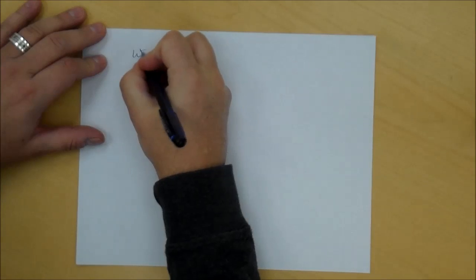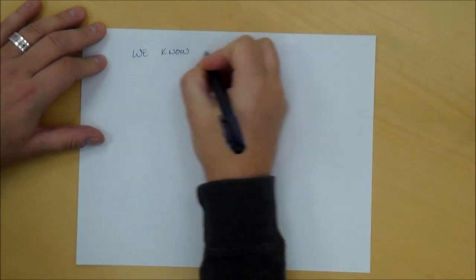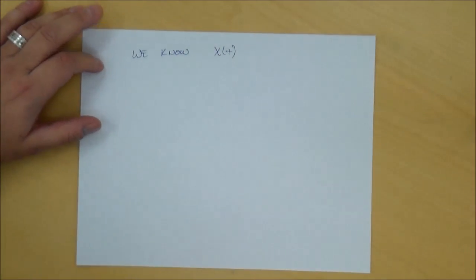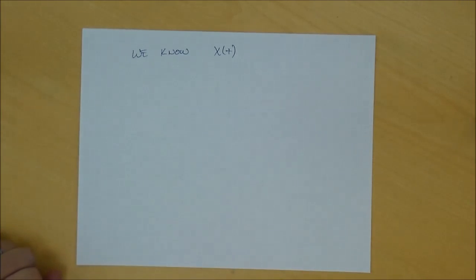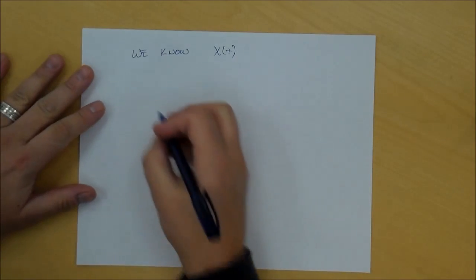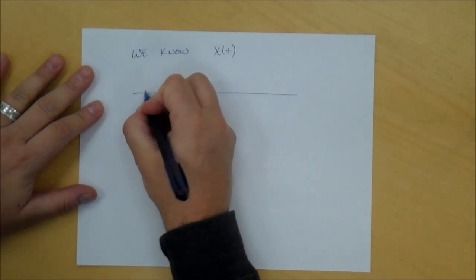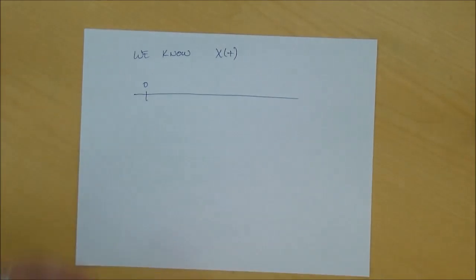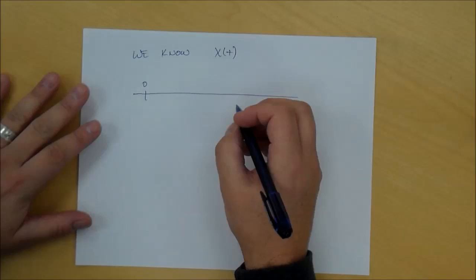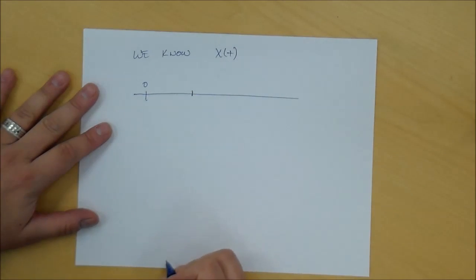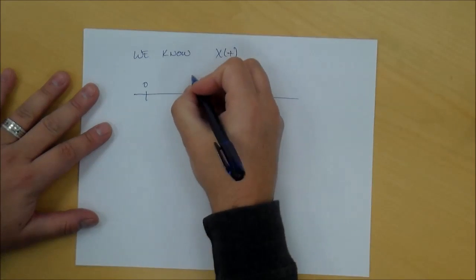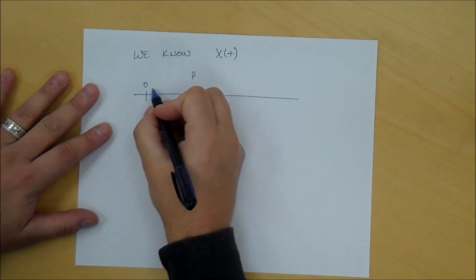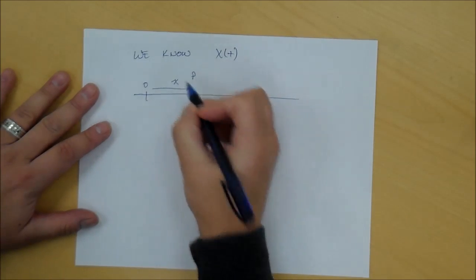So let's consider the case where we're given the motion and we know the function describing this motion. If this is our coordinate, here's O, and we know that at some time t, P is the position of the particle and it has a coordinate x.